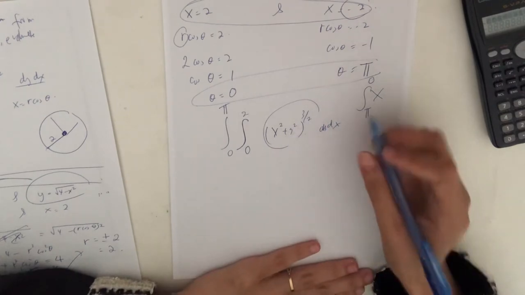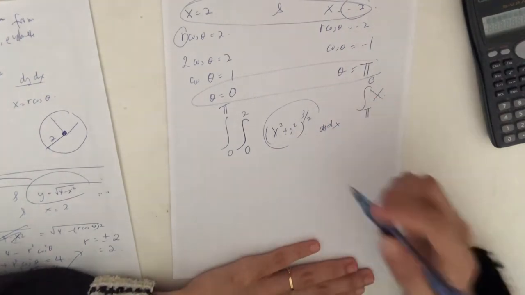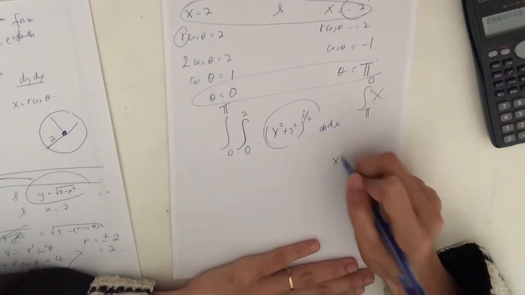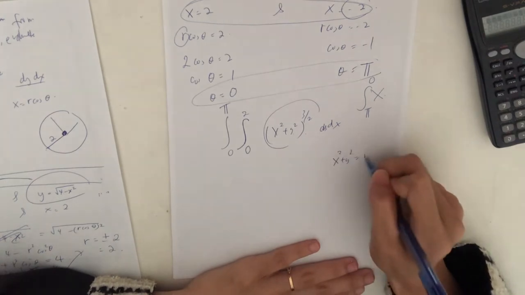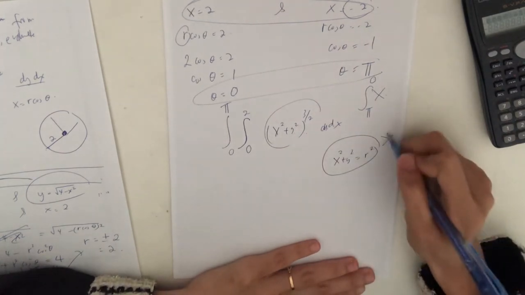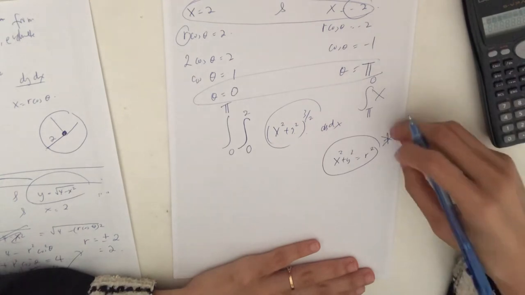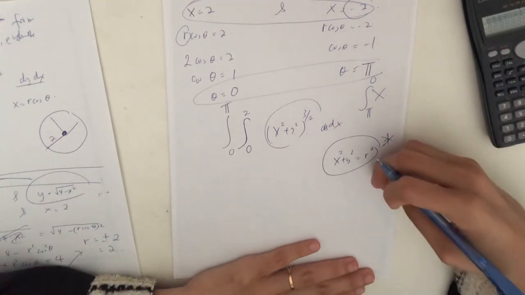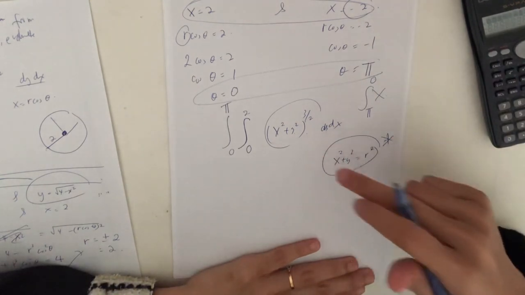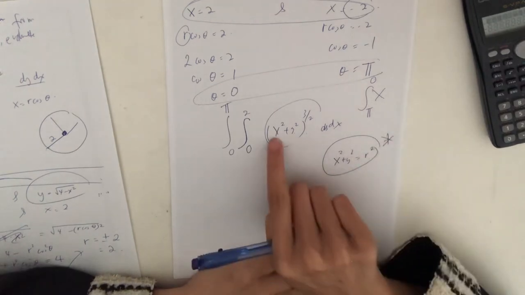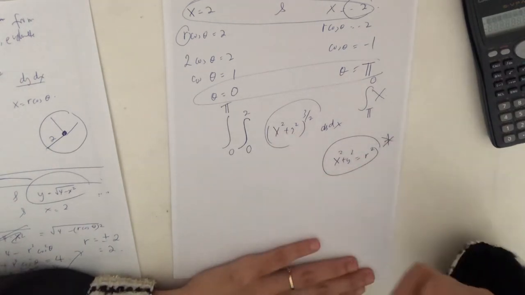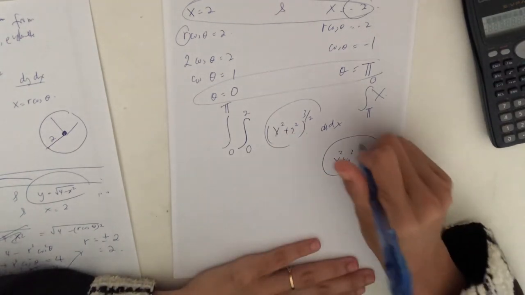In the short way, we know that x squared plus y squared is equal to r squared. You can remember this one because this is the equation for a circle, x squared plus y squared equal to r squared. So you just substitute directly into here.